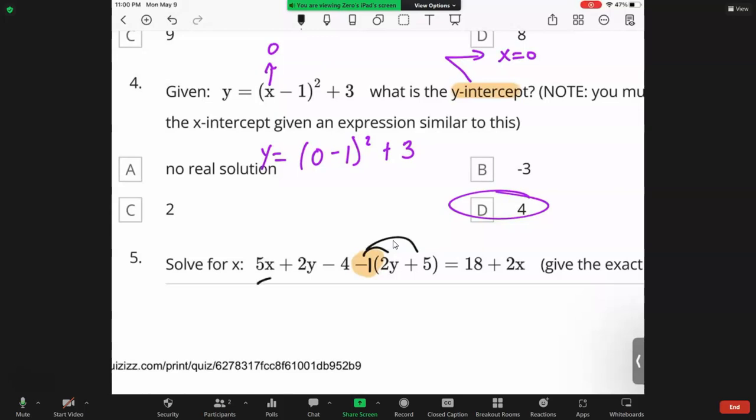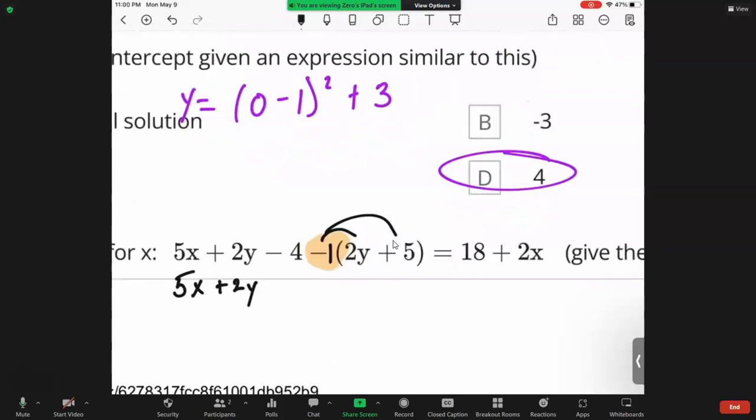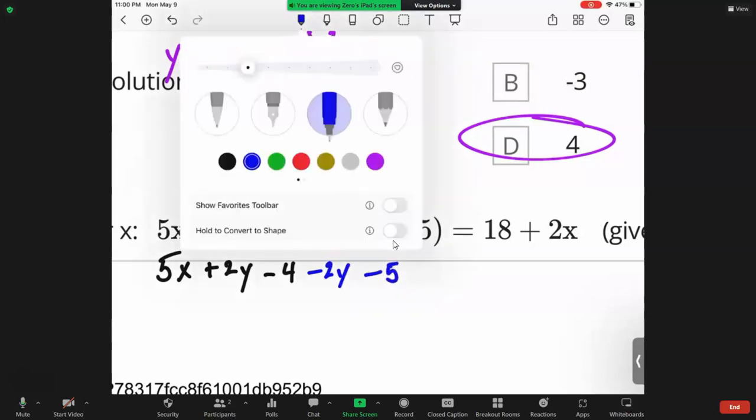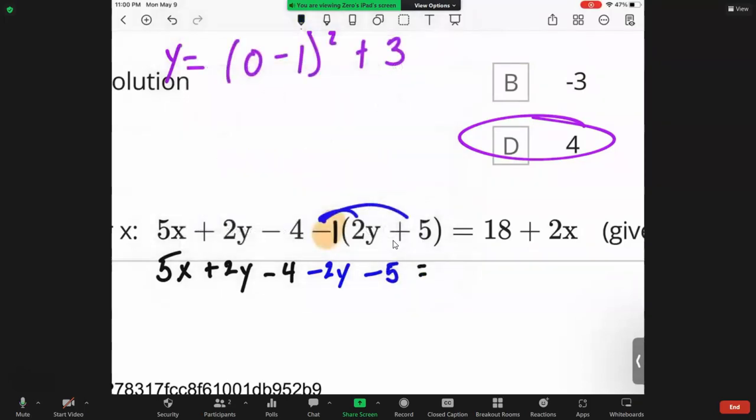So this is 5x plus 2y minus 4. And now I'm going to multiply. Negative 1 times 2y, that's negative 2y. And then negative 1 times 5, that is a negative 5. And then everything else stays the same. Equals 18 plus 2x.